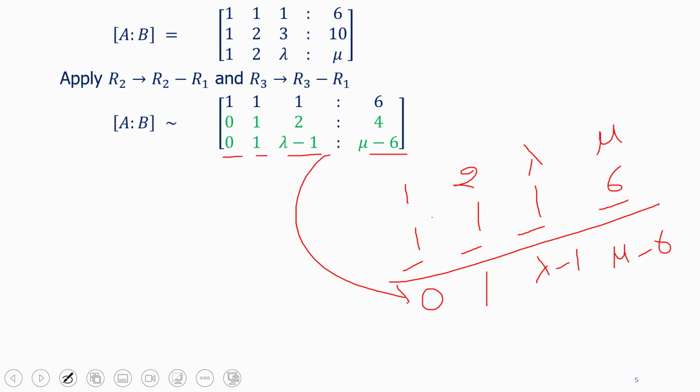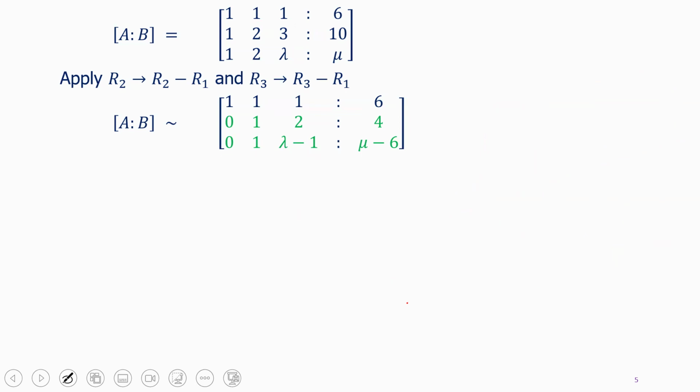After applying these two row operations, now we have to move to a22. Here a22 is 1, yes. We want to make the entry below it 0. For this purpose, we apply R3 minus R2.